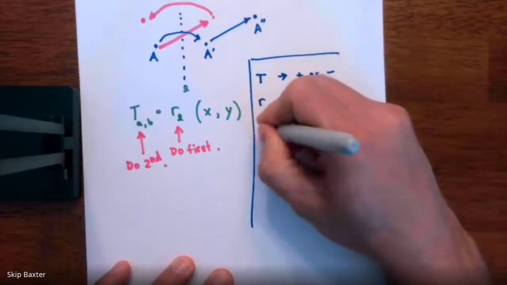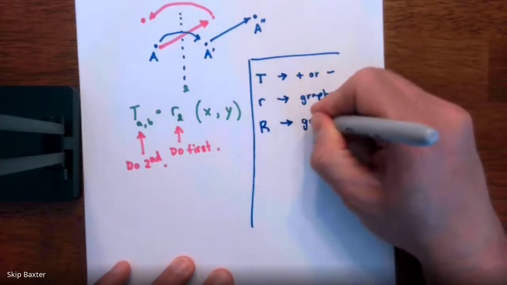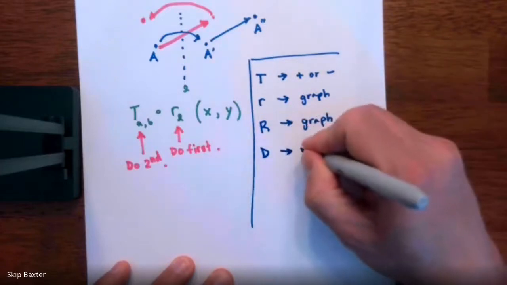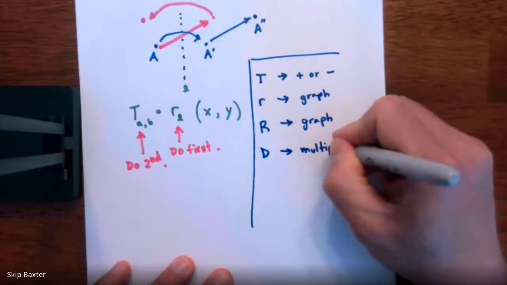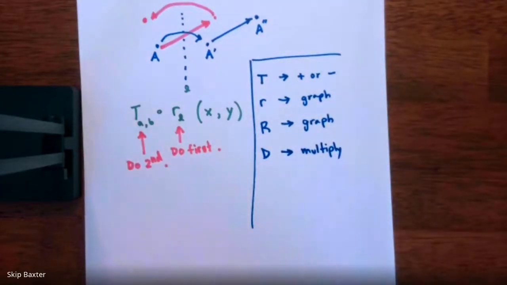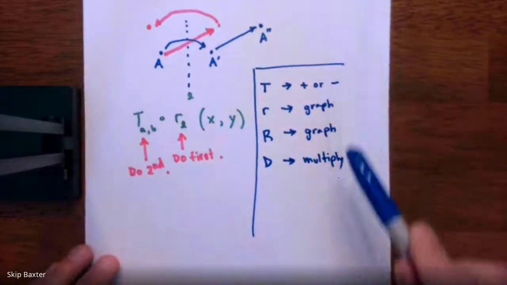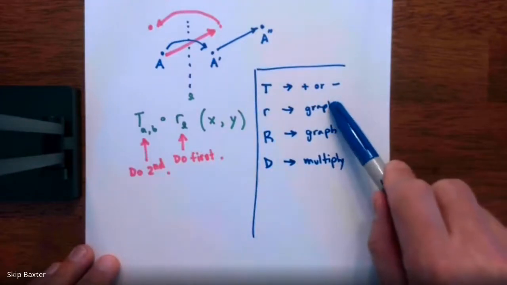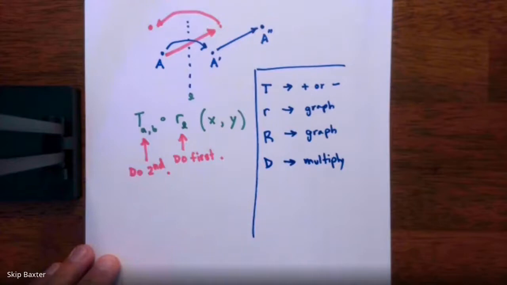For a rotation, you're also going to graph it. And for a dilation, you're going to multiply. Right? Those are the rules. You add or subtract to translate, you multiply by the scale factor to dilate, and for reflections or rotations, you graph it.